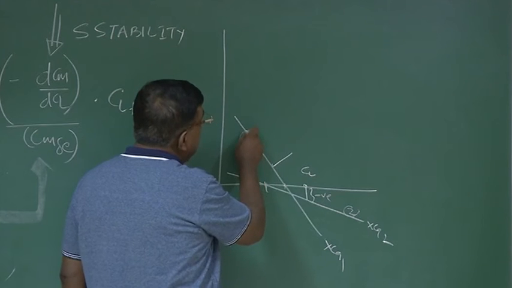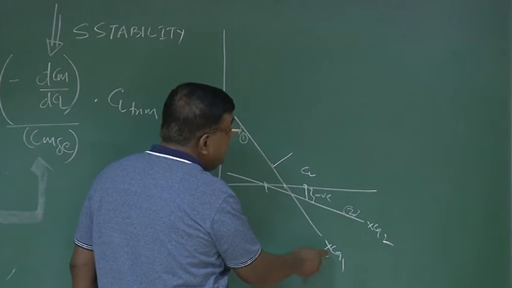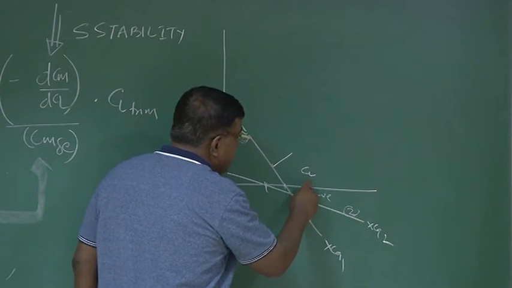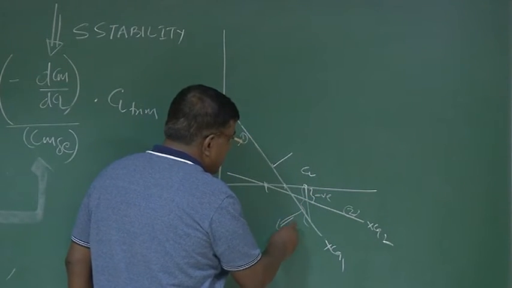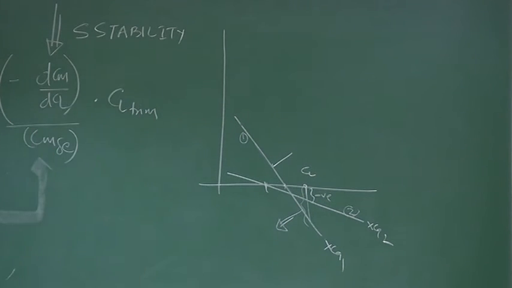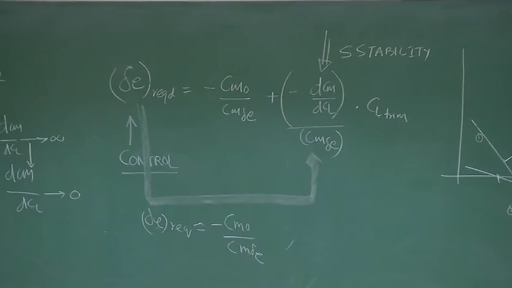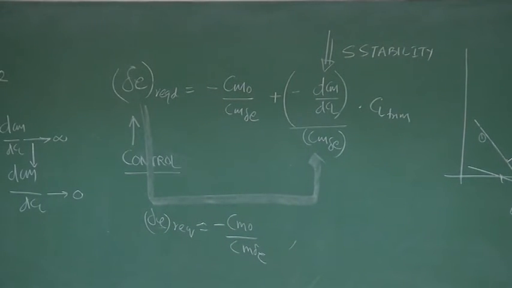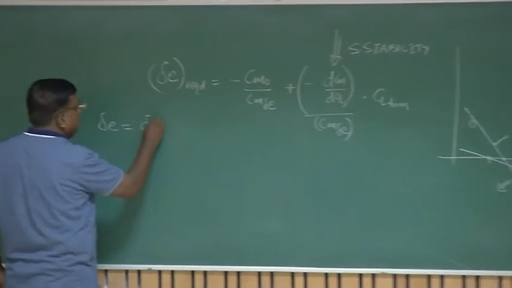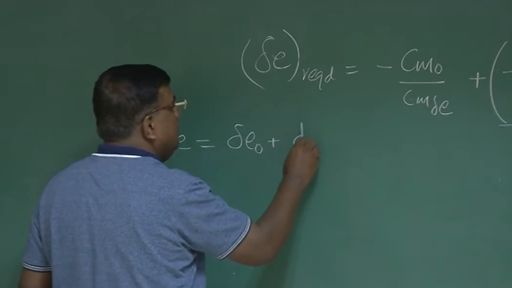But if I am using an aircraft with a CG configuration so that static stability is so high, then it requires larger elevator deflection, because the negative moment to be neutralized is larger, because it is statically more stable. So whatever we have understood there, this expression tells us exactly the same thing. Is it clear? Okay.